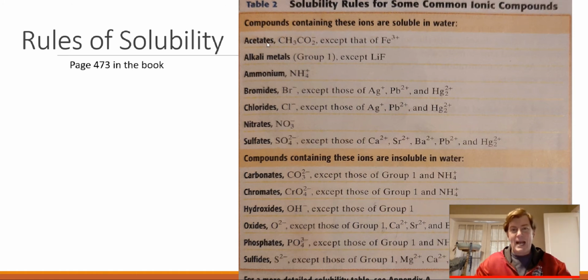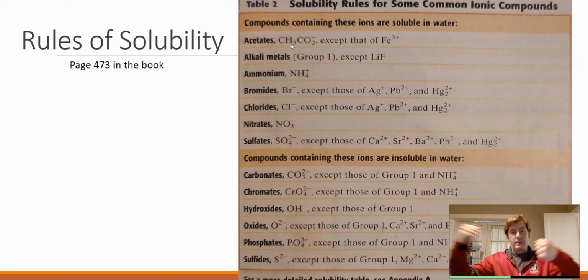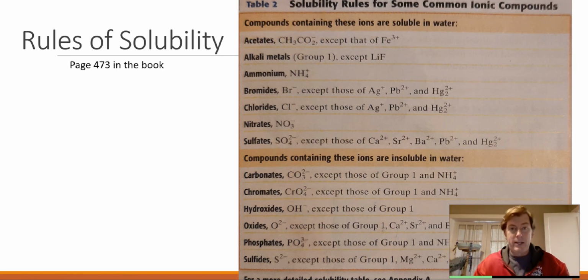So let's start with the acetate. Whatever's with acetate will get pulled apart in water. So sodium acetate will dissolve in water. You put it in water and the sodium gets pulled away from the acetate. You put calcium in there, calcium acetate will get pulled apart by the water.